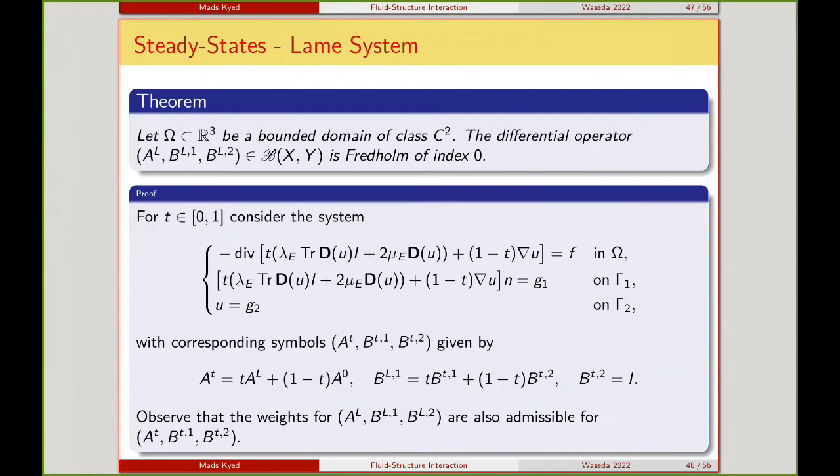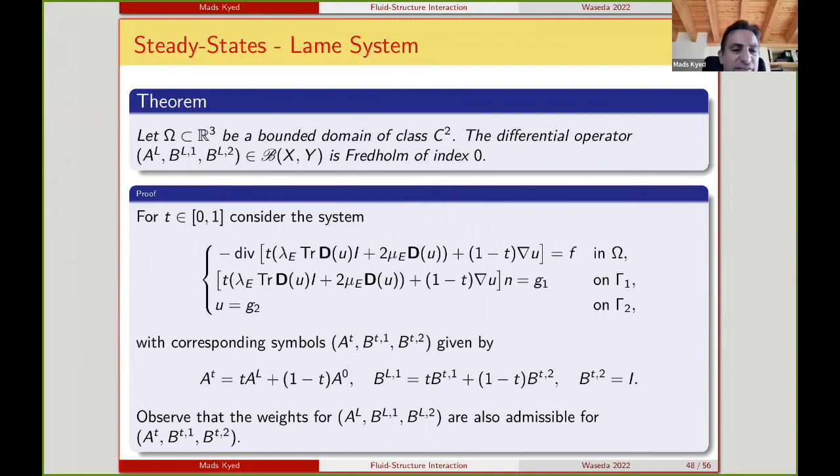So now I want to show that my Lamé operator is also Fredholm of index 0. As I said before, all we need to do really is connect our Lamé operator to, say, the Laplace operator in the set of Fredholm operators with a continuous path.